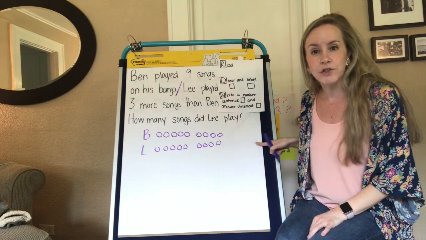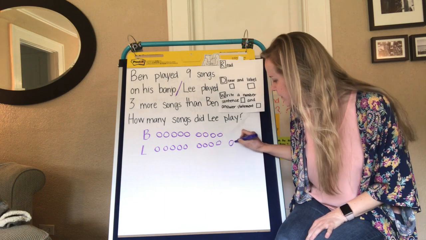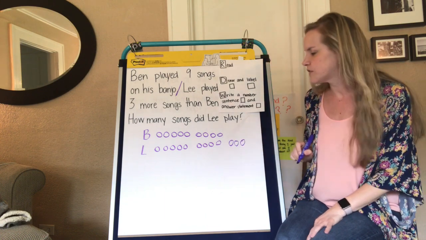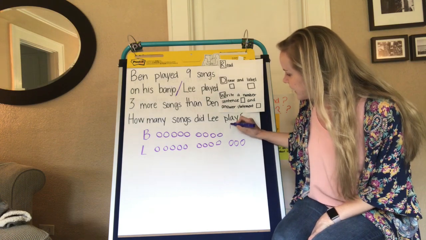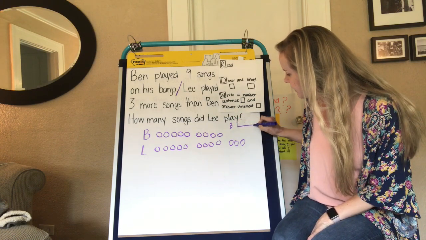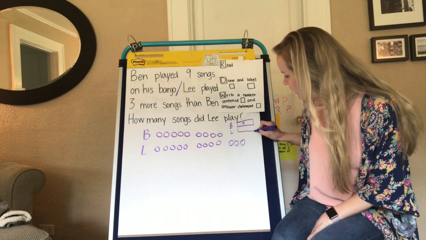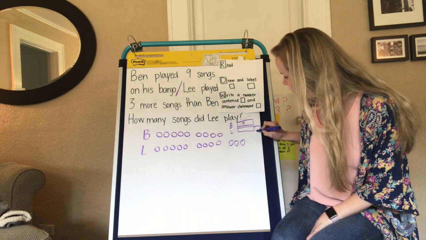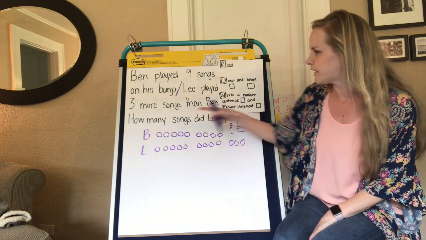So what do I need to draw here, first graders? 3 more. Just like that. If you are doing a tape diagram, your tape diagram might look like this. You might have Ben 9, and you might have Lee 9 and 3 more. Let's keep reading.